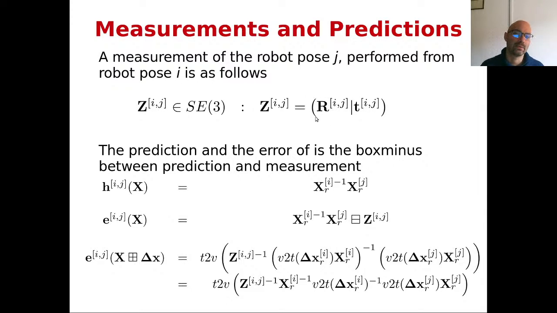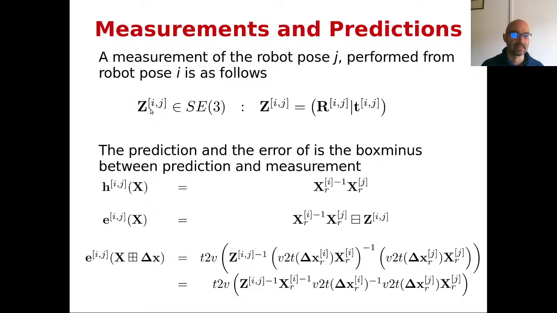And for coherence, I decide to represent it as a rotation matrix and a translation vector. Oh, what a surprise! Okay, this will be the first implementation of our system. Now this is the measurement.